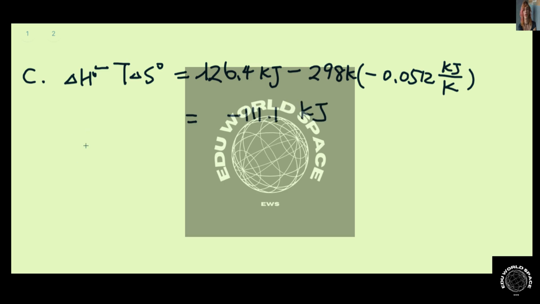So since this number, delta G0, is negative, the reaction is spontaneous.